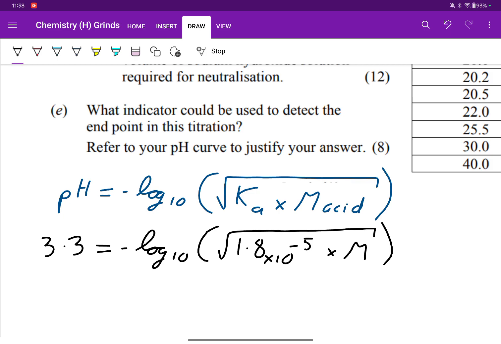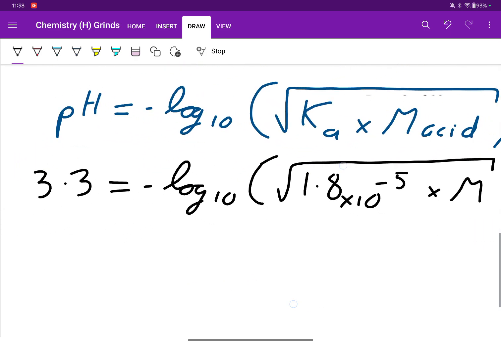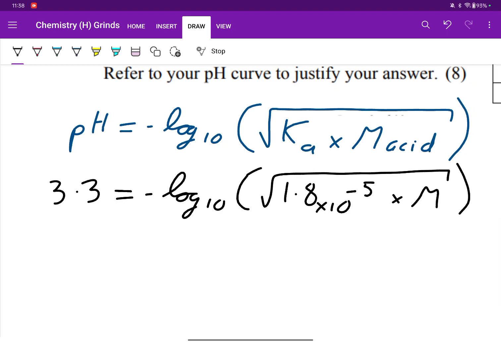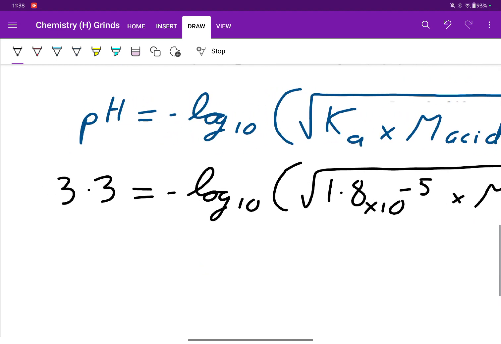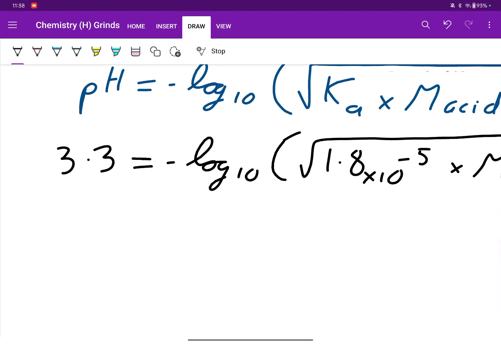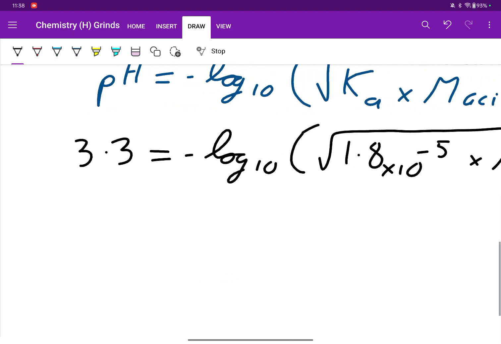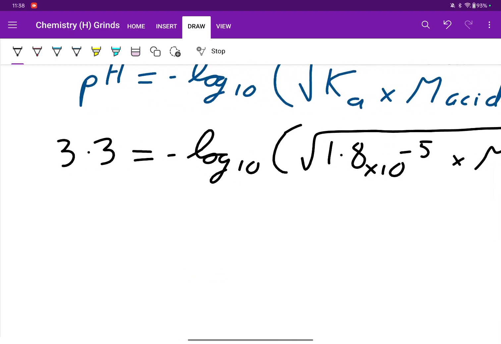Now from here, it's just algebra, depending on how good or bad it is. First thing we want to do is get rid of this minus log to the base 10. The opposite of minus log to the base 10 is 10 to the power of minus whatever, so we have to do that to both sides.